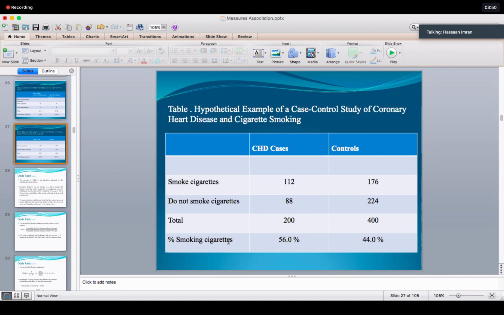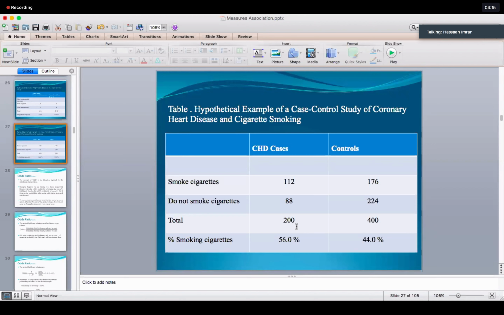So this is among those smokers. If you have to take it for non-smokers, that would be 100 minus 56, that would be 44. And if you take a cross product ratio of that, that will give you an odds ratio for a case control study, right? Yes ma'am, understood.